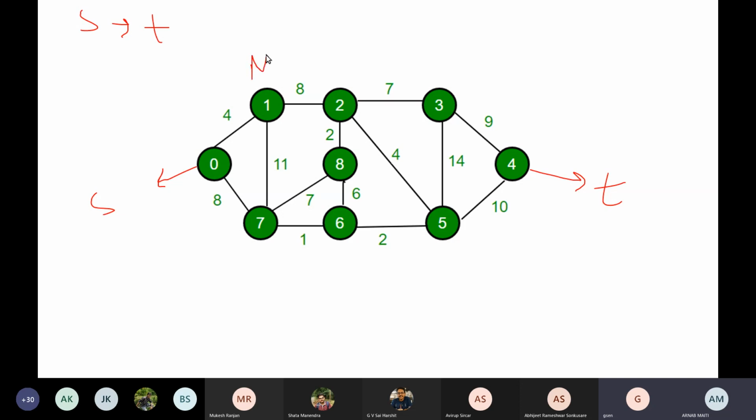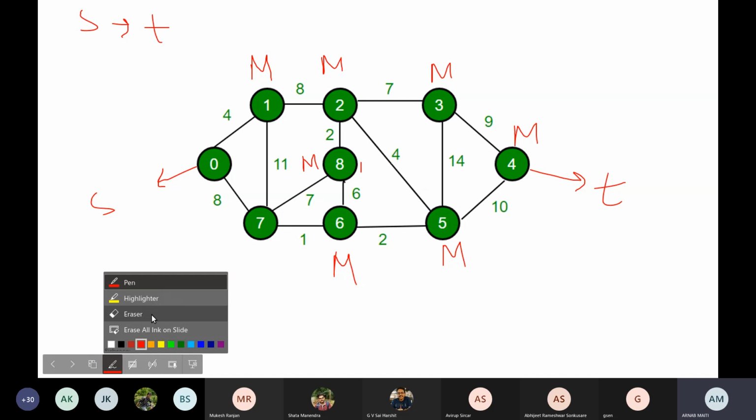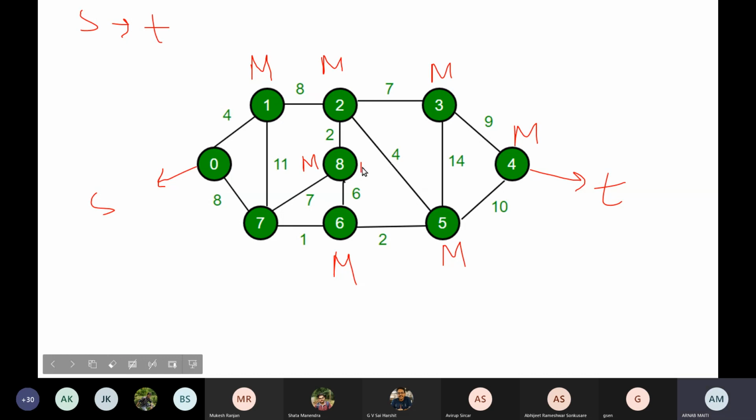Initially, the number will be very huge, so I'll denote it by M. I'll associate a number M with each of these nodes, and with this node I'll associate the number 0. So what does this number mean?